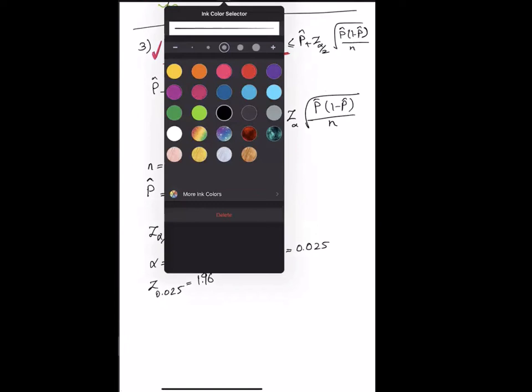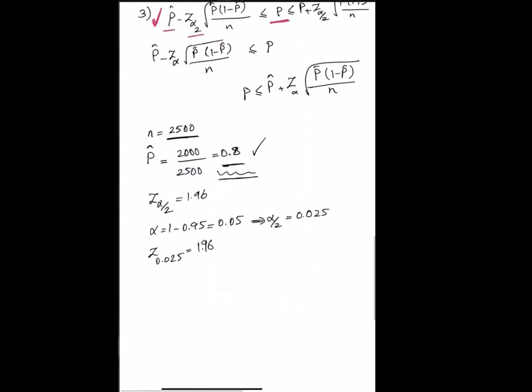So then if I put the numbers in the formula, that's 0.8 p hat minus 1.96.